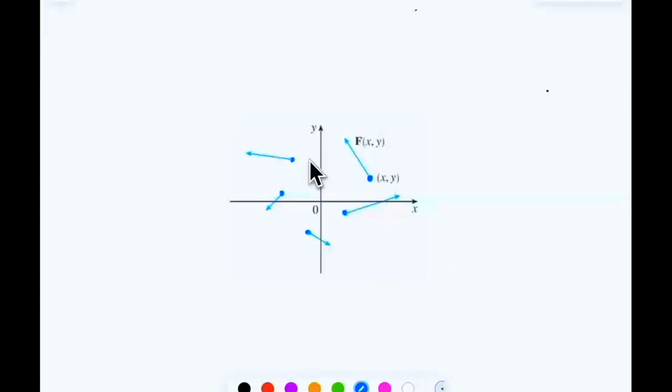You cannot do it for every point in the domain, you have infinitely many points. But by just picking some representative points, we can gain a reasonable understanding of this vector field. The more you draw, the better picture you get, but just picking some points here gives you some idea of the vector field.